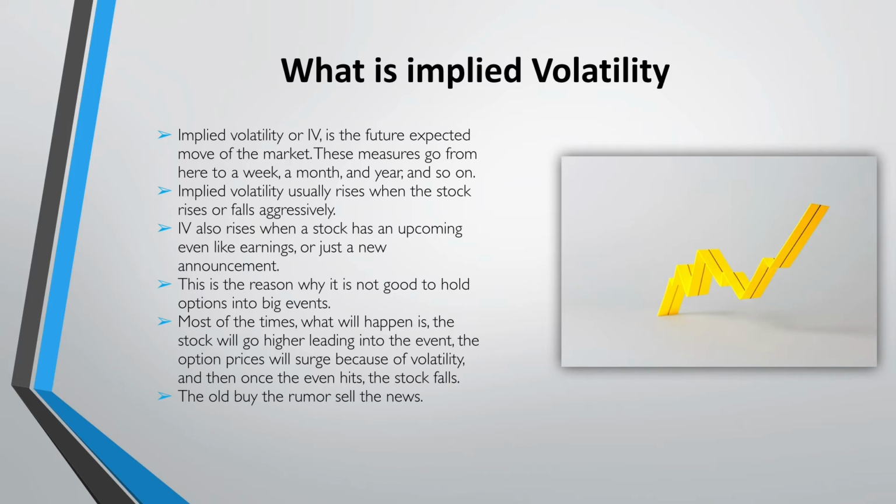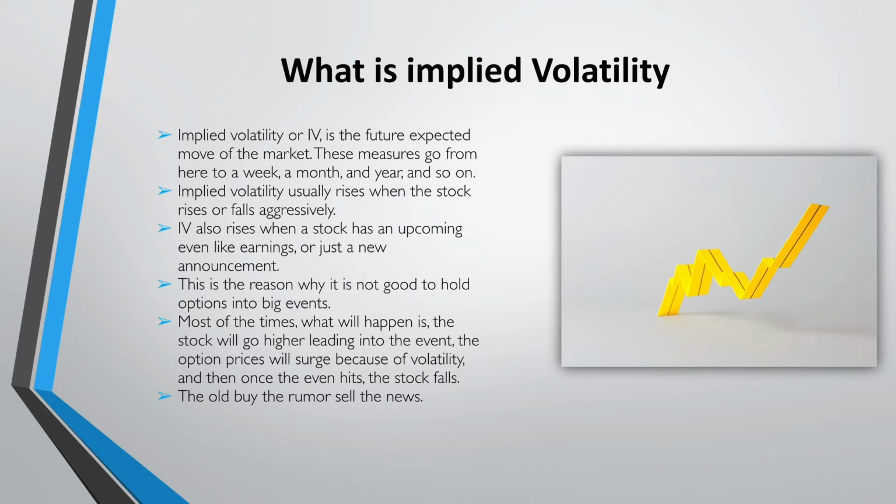Now, implied volatility also rises when there's an upcoming event for that company, like let's say earnings or an announcement that they need to put out, whichever the case may be. This is the reason why it is not good to hold options into big events, because all of that implied volatility will sink into your option premium and make it very, very expensive.